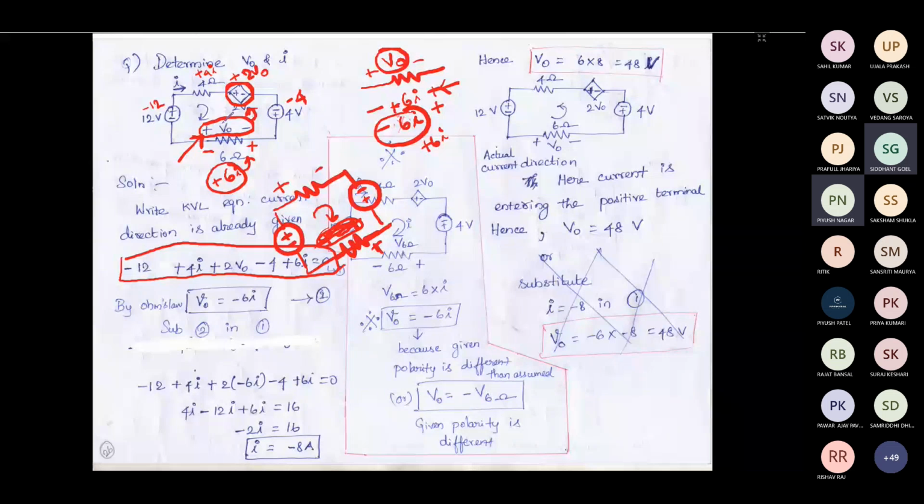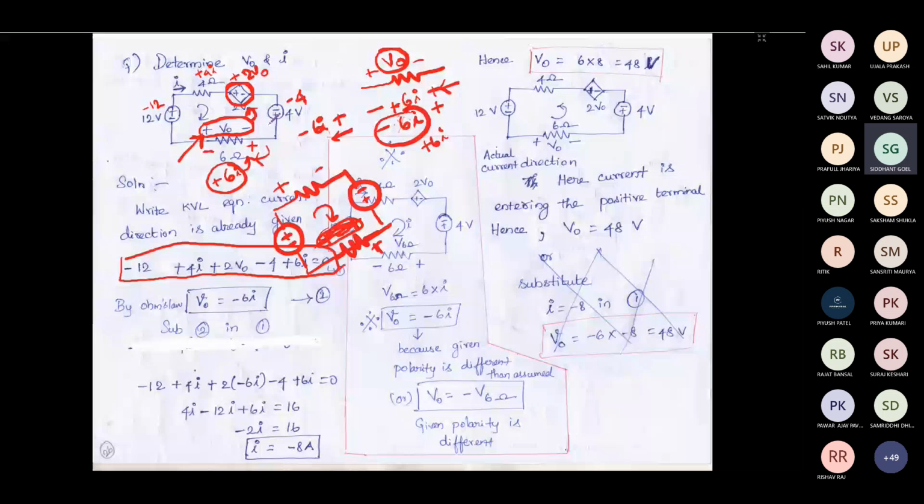The polarity of V naught is opposite to our assumed current direction, because here you are going to get a voltage of 6I when you see from here. Now they have asked for a voltage in this fashion, so your V naught is going to be minus 6 into I.